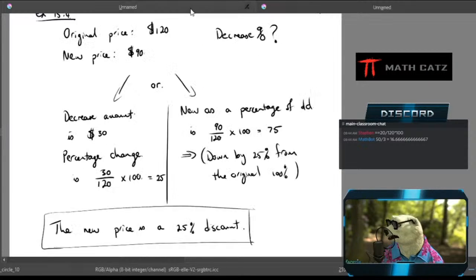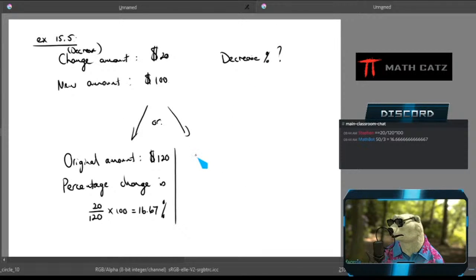Or my other option was to look at new relative to old. I still need to know the original amount. And then I can say new as a percentage of old is 100 over 120.